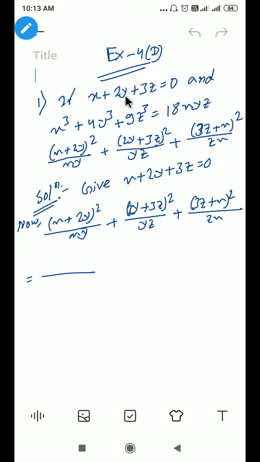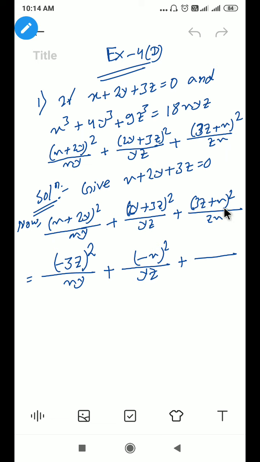If you find the value of x + 2y from here, you will get -3z. So in place of x + 2y write -3z: (-3z)² divided by xy, plus, instead of 2y + 3z, you can write -x, so (-x)² by yz, and instead of 3z + x, you can write -2y, so (-2y)² by zx.